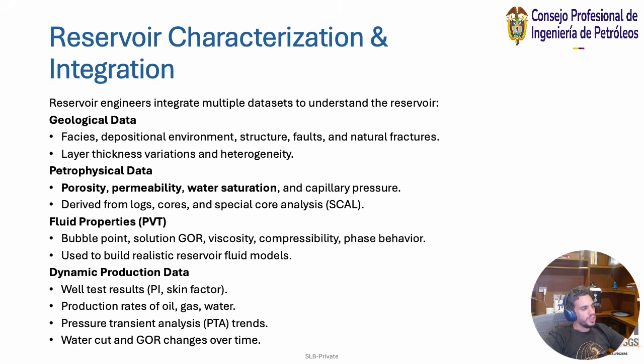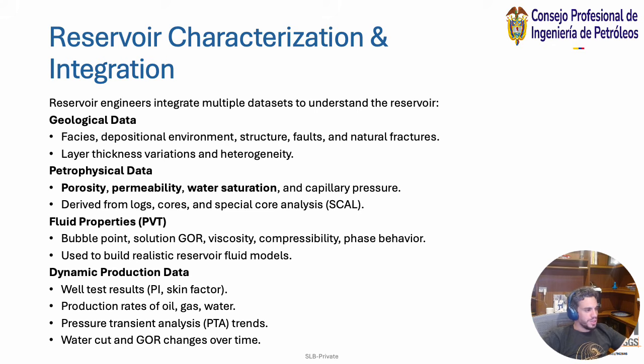So they take the geological data that we talked about: structure, faults, natural fractures, the layer thickness, and the heterogeneity. So also heterogeneity versus homogeneity. If you're not familiar with those terms, you can have a heterogeneous mixture or heterogeneous permeability versus a homogeneous one. Hetero just means multiple or different, and homo means the same. Homogeneity means the same.